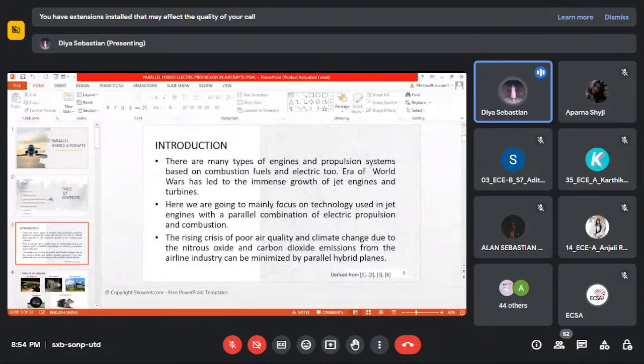Of those four, V-type is the more complex one, as it has a cooling system built into it. I'm mainly focusing on the jet engines, as the parallel hybrid aircraft is a vast topic, and on their parallel connection to the normal combustion engine.